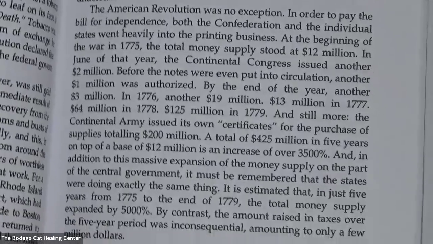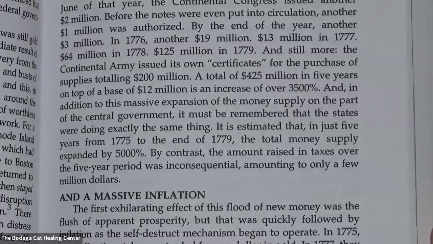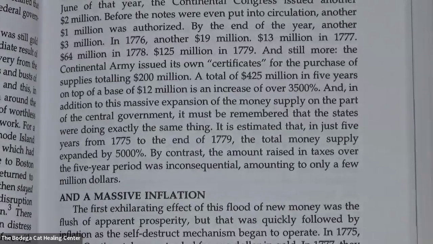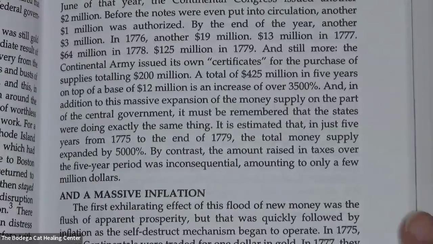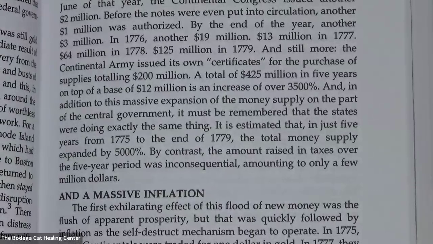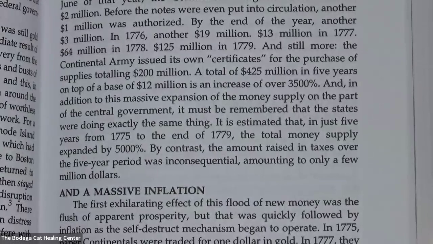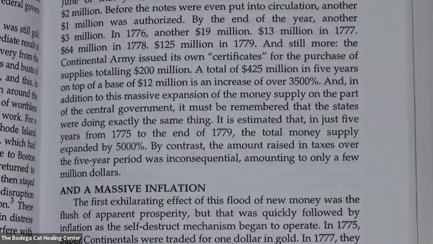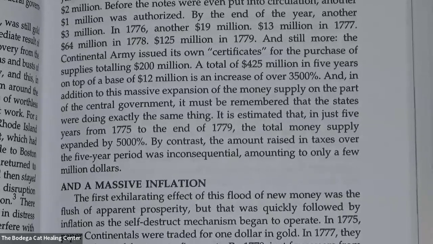In 1776, another $19 million, $13 million in 1777, $64 million in 1778, $125 million in 1779, and still more. The Continental Army issued its own certificates for the purchase of supplies totaling $200 million. A total of $425 million in 5 years on top of a base of $12 million is an increase of over 3,500%. That's 3,500%. Wow.